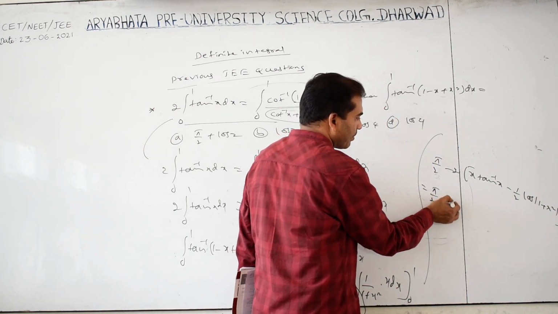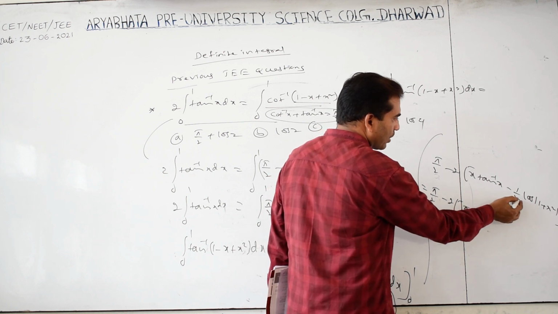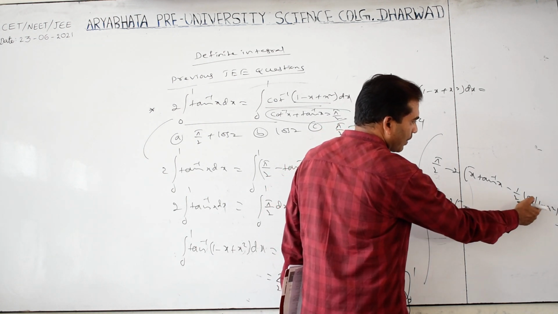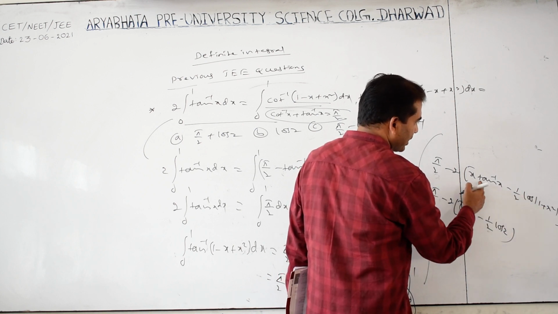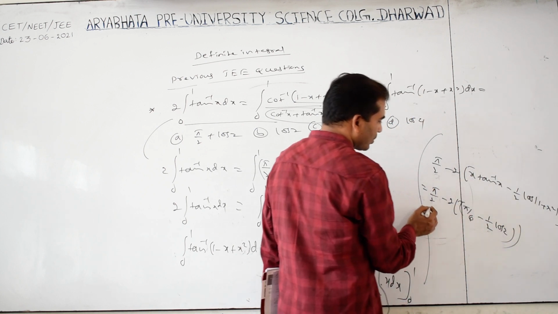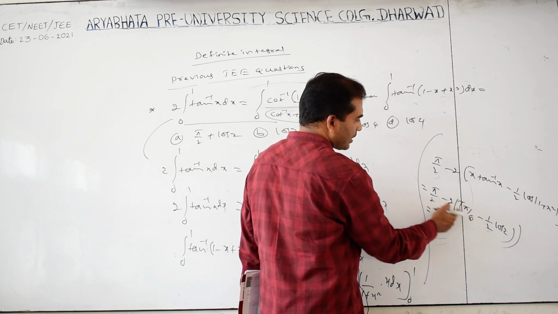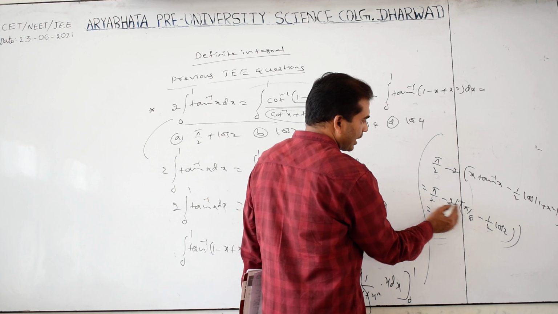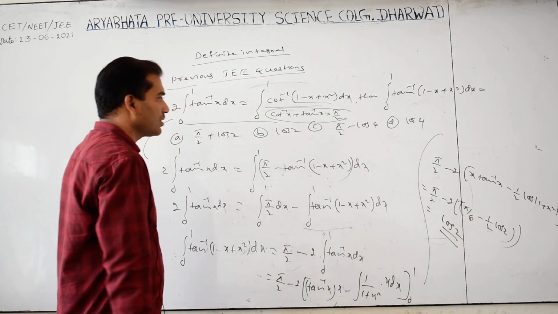Pi by 2 minus 2, the upper limit: tan inverse of 1 is pi by 4, and 1 by 2 log of 1 plus 1 is log 2. The lower limit is 0. So pi by 2 minus 2 pi by 4 cancels, pi by 2 minus pi by 2 is 0, minus minus plus, log 2 is the answer.